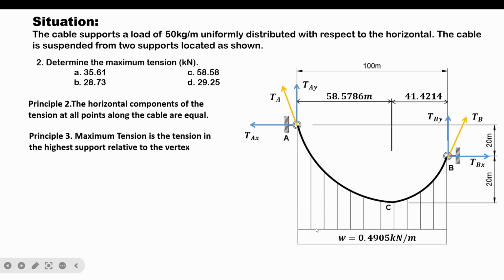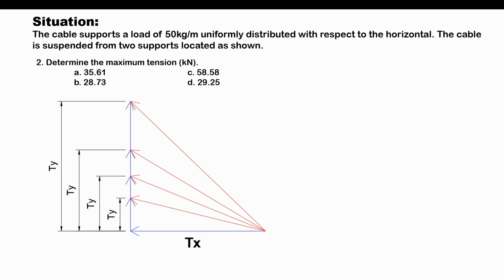And here is why. So let's consider this diagram. These red lines here represent the tension at different points along the cable. And these blue lines here are their vertical and horizontal components. As principle 1 stated earlier, the horizontal components of the tension at all the points along the cable are equal.